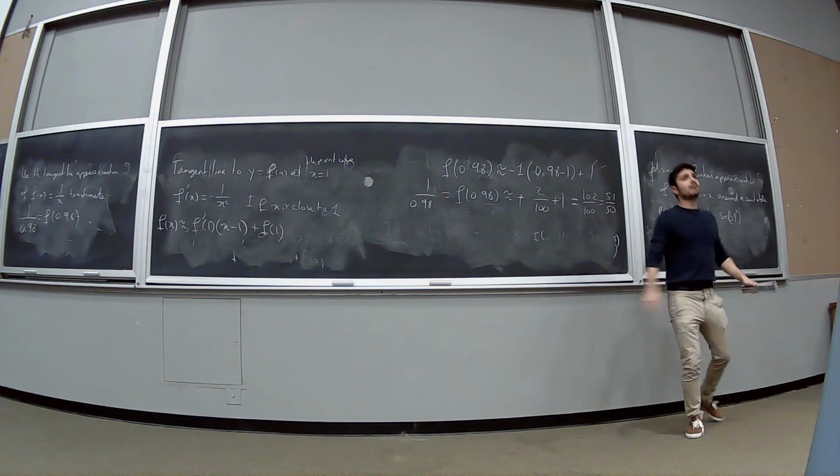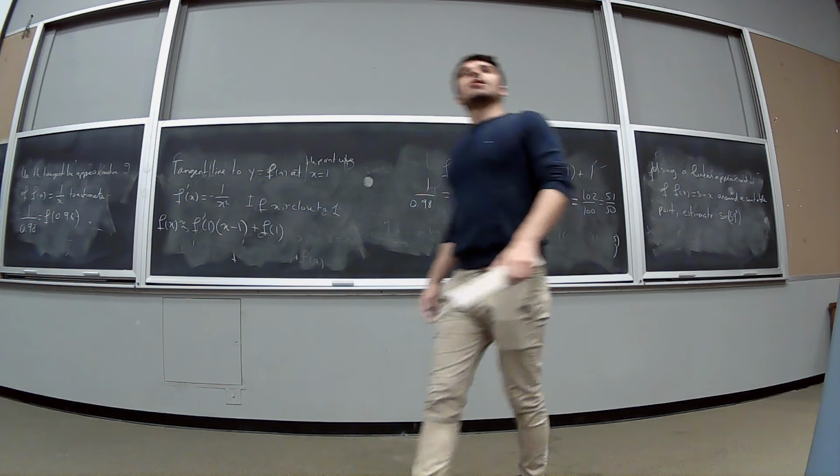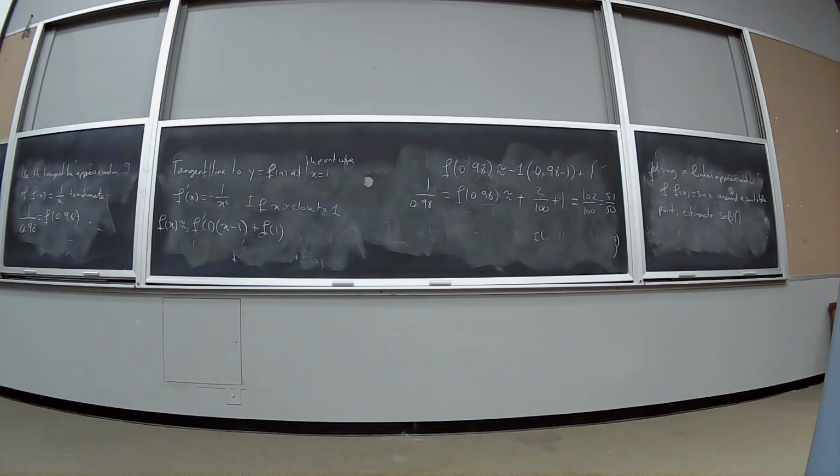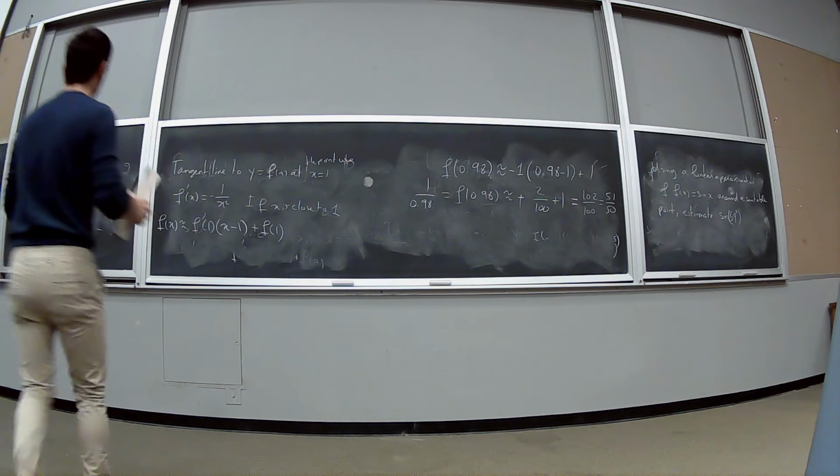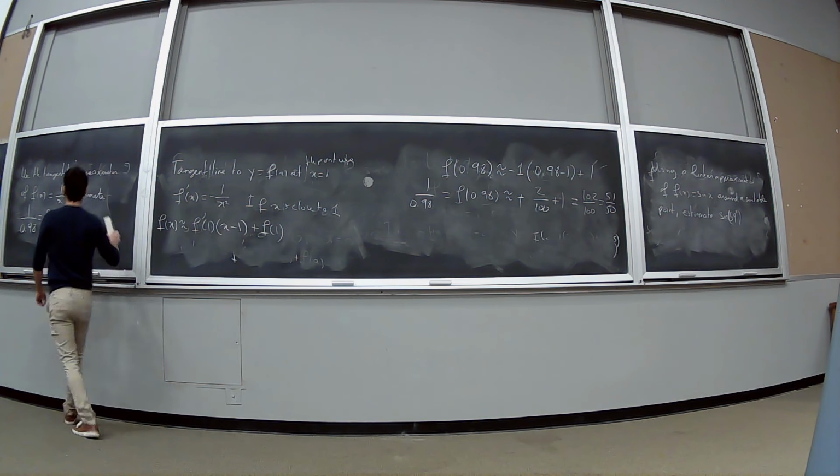Great. So I have sine 59 degrees. What do you know about sine 59 degrees? Is it a remarkable angle? No. Is it close to a remarkable angle? Yes. It's close to 60 degrees, which is pi over 3. Right?